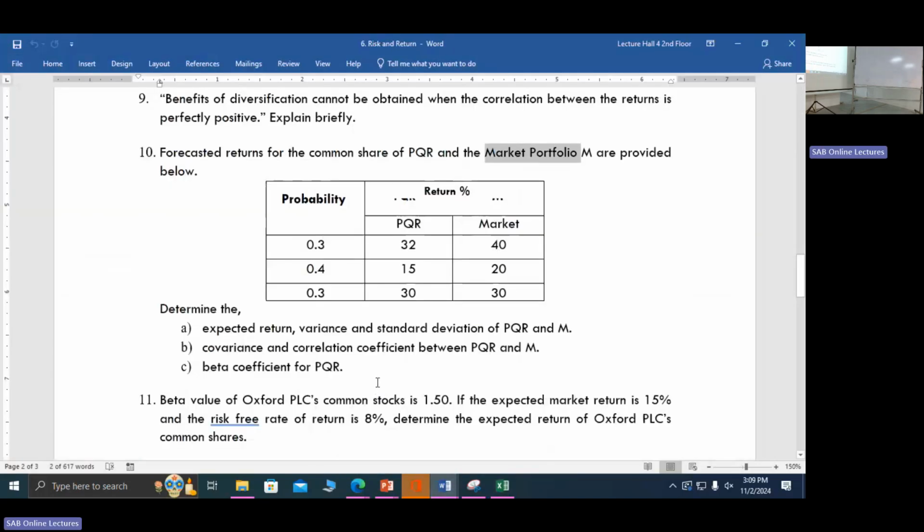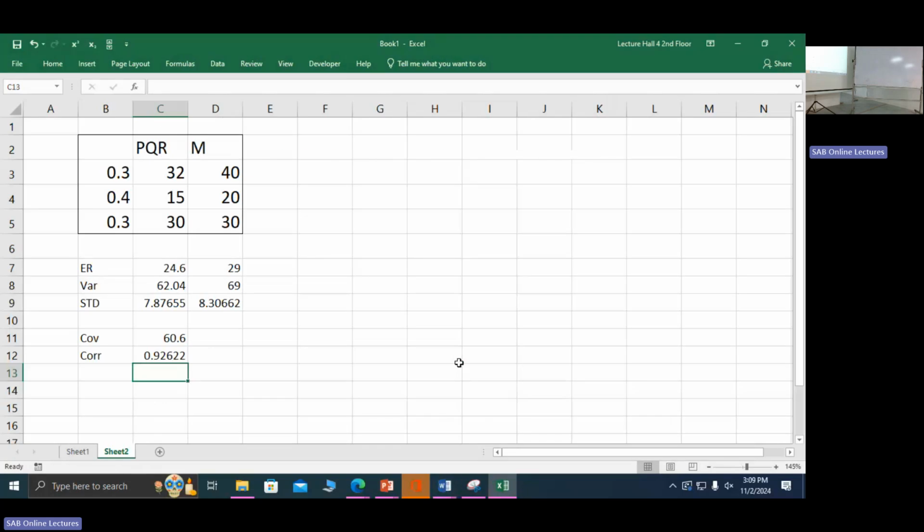Then the question asks you to calculate the beta coefficient. Now all the others are done. So you can remember the formula: the systematic risk measure is the beta.